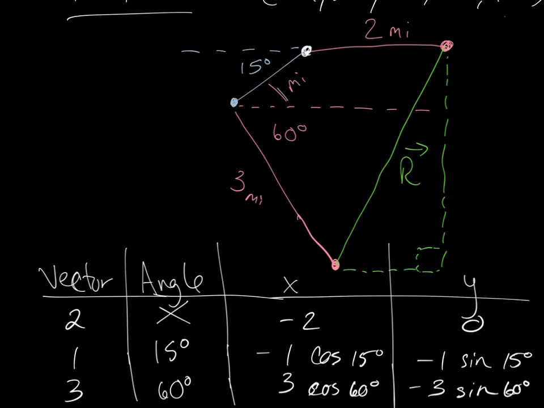It will probably be negative because, look, from start to finish, you're moving down in the y and left in the x. So there's probably going to be negative for both of these answers. So add together these three numbers. See what you get.